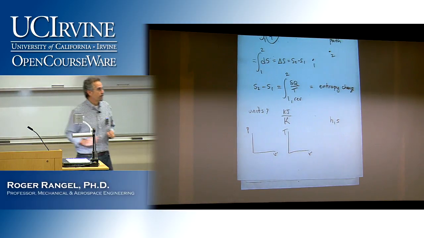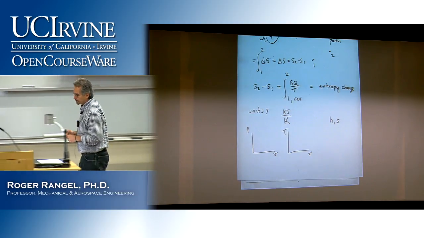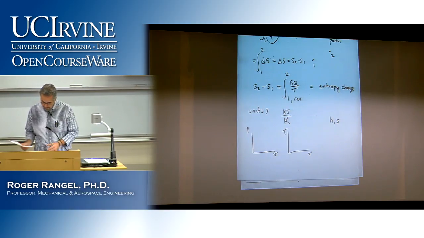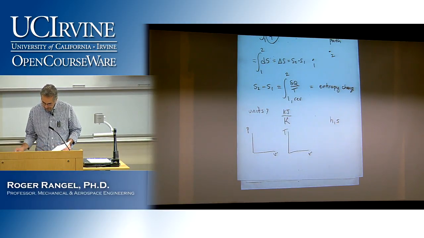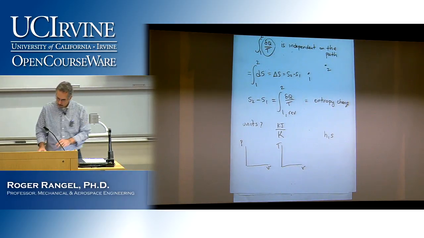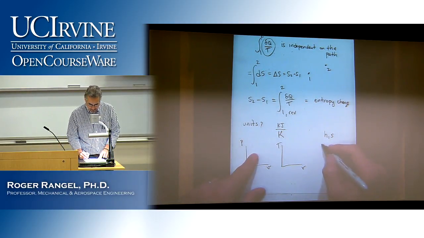So you shouldn't be surprised that you're going to start seeing diagrams using these other properties. Let me show you what they look like, just so you have an idea of some of the most common ones that you're going to see from this point on. You could do a TS diagram.